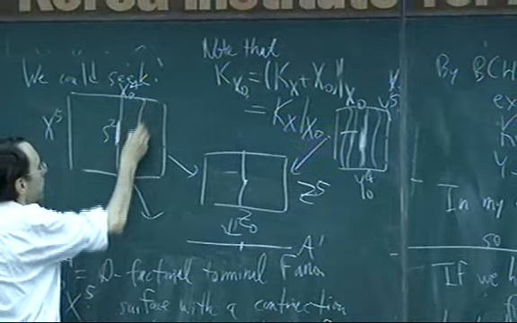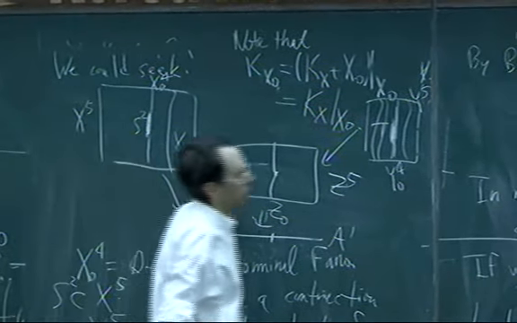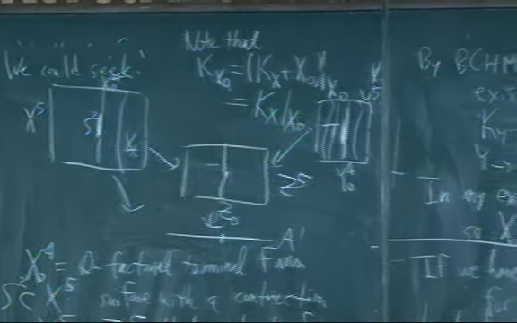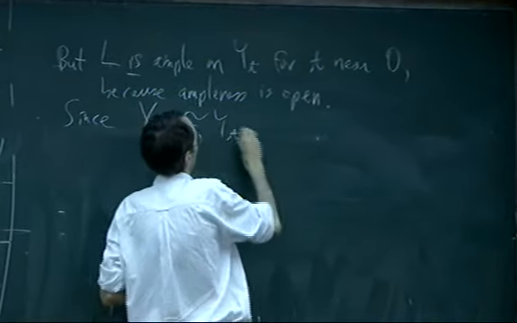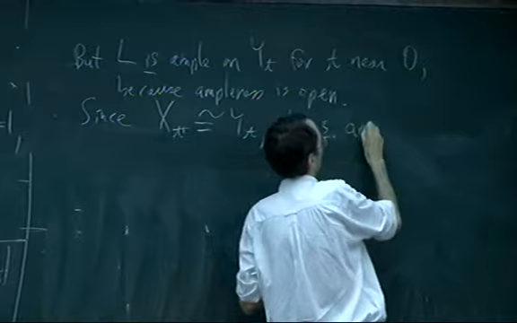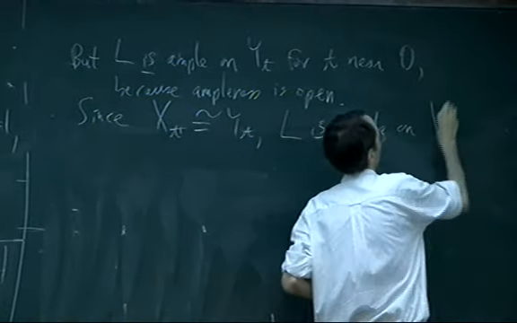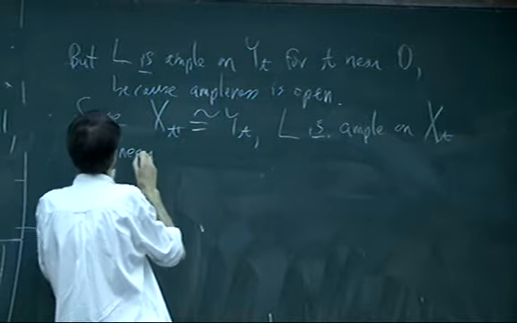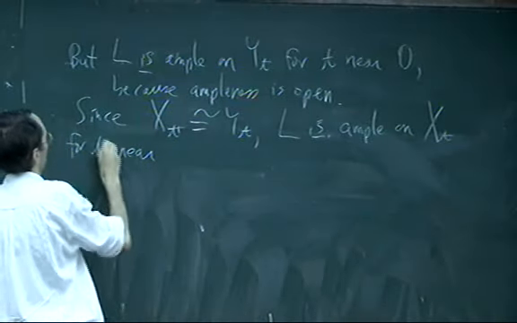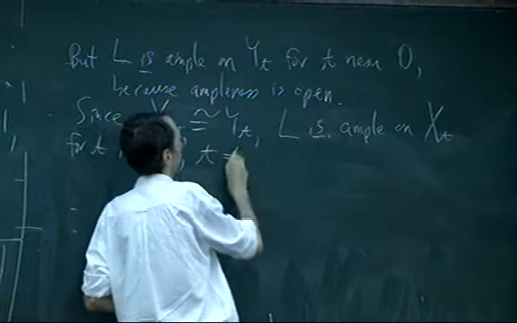So the corresponding line bundle here is ample on these nearby fibers over there. Since X_t is the same thing as Y_t, L is ample on X_t for t near 0, but not equal to 0.